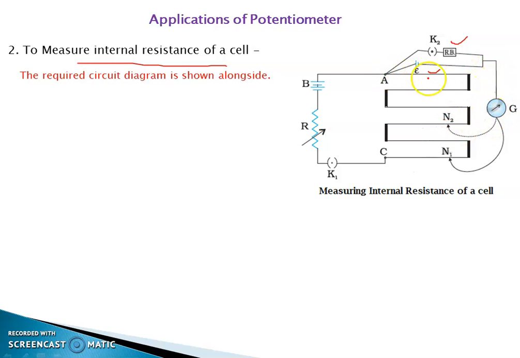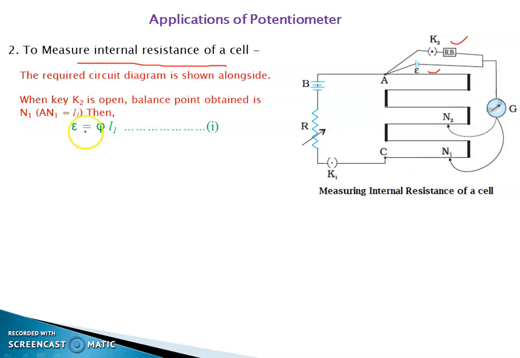We slide from point A and get the null point, meaning zero deflection in the galvanometer. At first the resistance box is not in the circuit, which means the key is open. Then we get E is equal to phi L1.